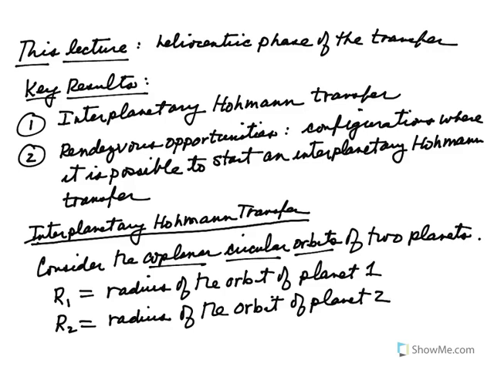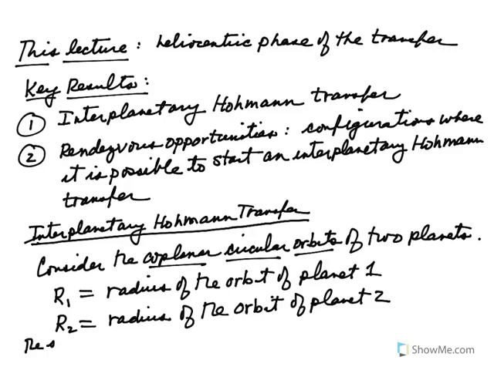Now, what we're going to do is we're going to actually consider that the spacecraft is in one of these orbits, and we want to transfer it to the other orbit. So the spacecraft starts in the orbit of planet 1, and we want to transfer it to the orbit of planet 2.